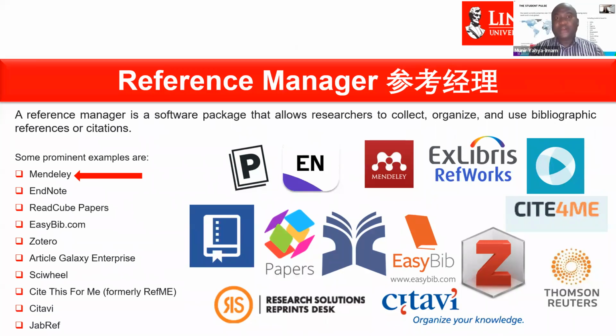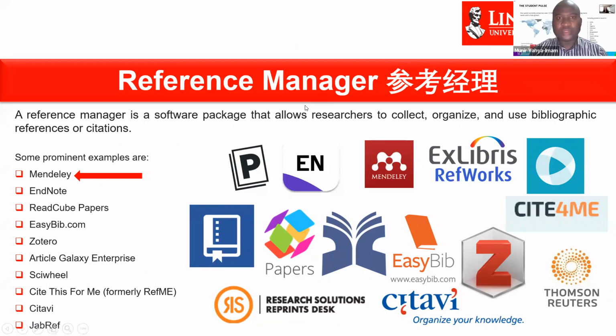So depending on the one you are familiar with, or the one you think you want to apply to your research, all of them can be used for the same purpose. Of course, with little differences in terms of design, interface, and features. Well, in this class, we'll be making use of Mendeley.